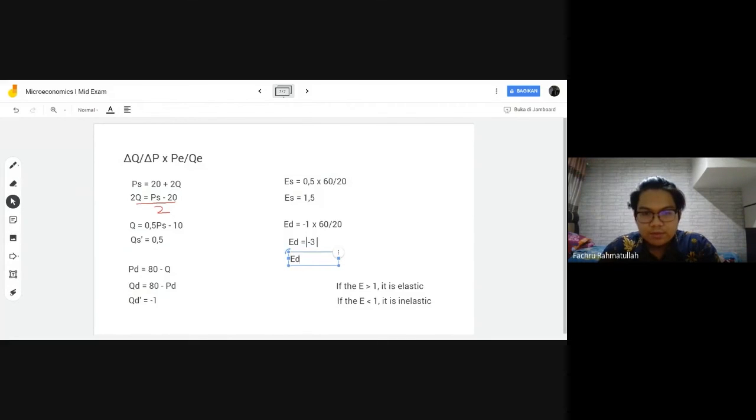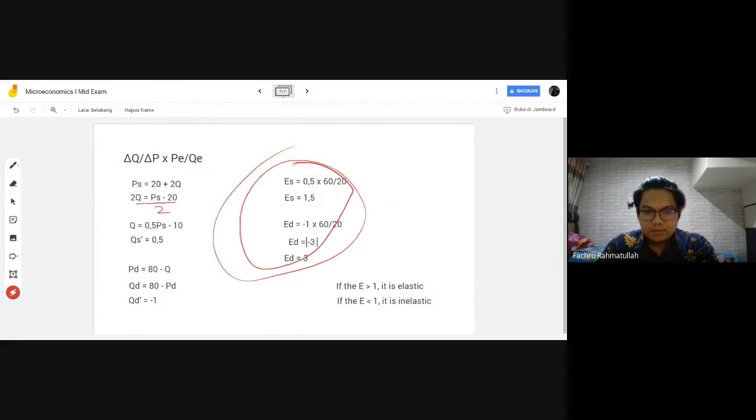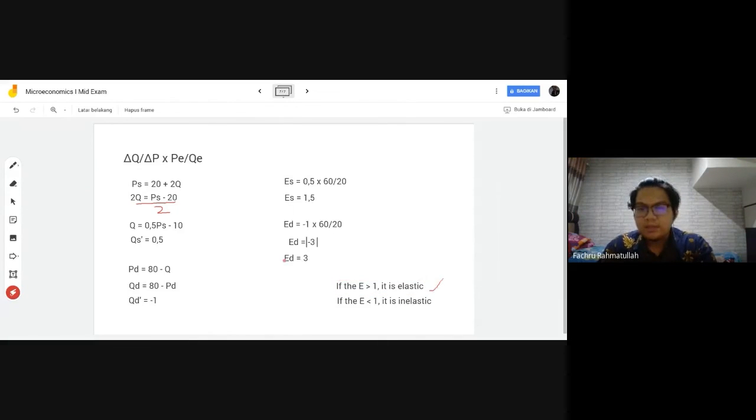So the real answer for this equation is just 3. Okay, now we get, as we can see, this can be indicated by this. So the answer is elastic because E from the demand is more than 1 and E from the supply is also more than 1. Okay, done.